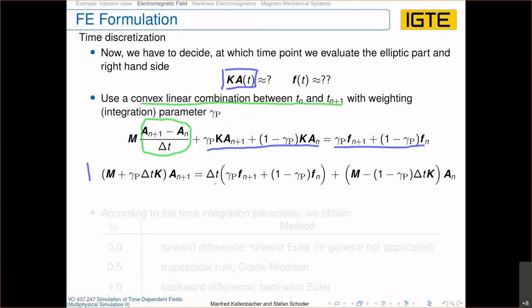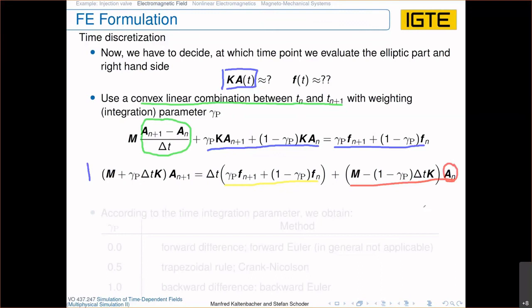We clearly assume that we know our right hand side at all time steps we want to compute. In addition, everything we had on the left hand side we can put here, because we assume that A, our magnetic vector potential at time step n, is already known.